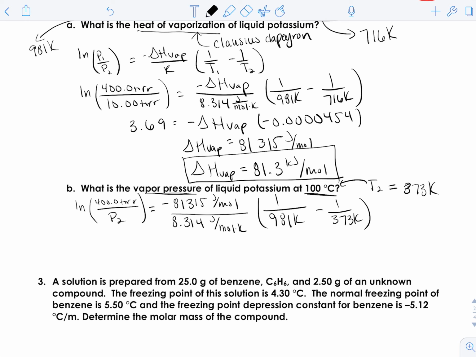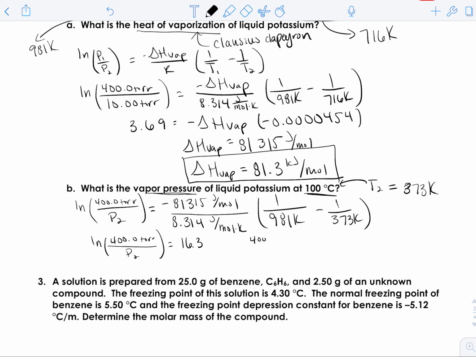Okay. If I multiply everything out on the right side, I get my ln 400 torr over P2 being equal to 16.3. If I take both sides to the e, that will get rid of my ln value.